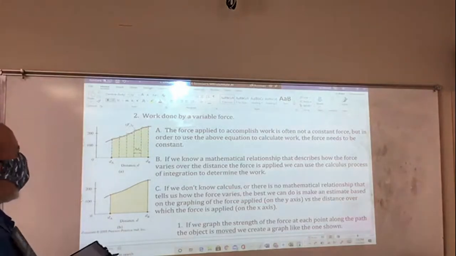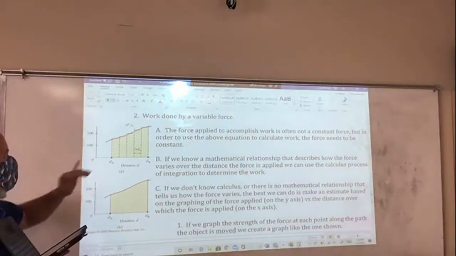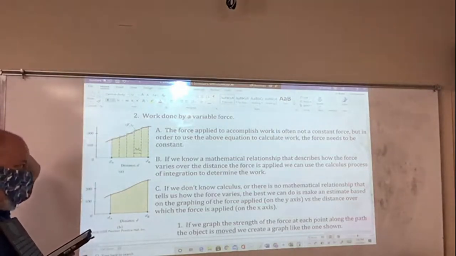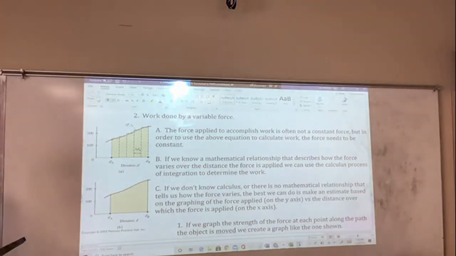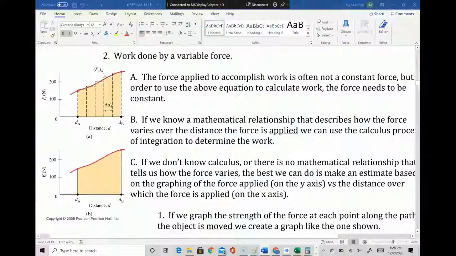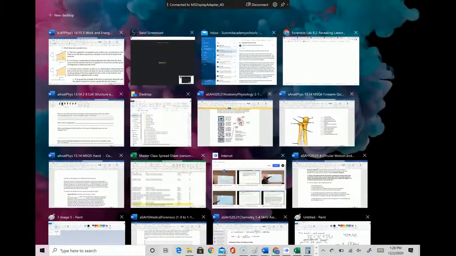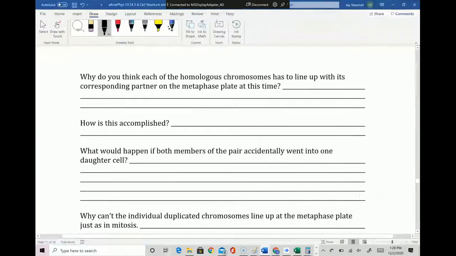Okay. So this relates more to the idea of an integral. Okay? So we'll give you a little bit of advance notice here. Now, why did that happen?